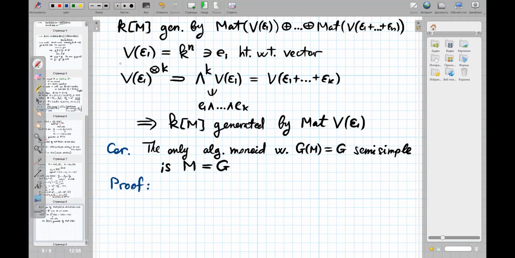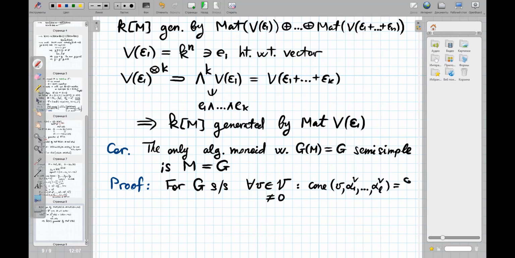You just observe that for semi-simple G, if you take any non-zero vector v in the negative Weyl chamber, the cone spanned by this vector and all simple coroots will be the whole vector space E. So this cone cannot be pointed.